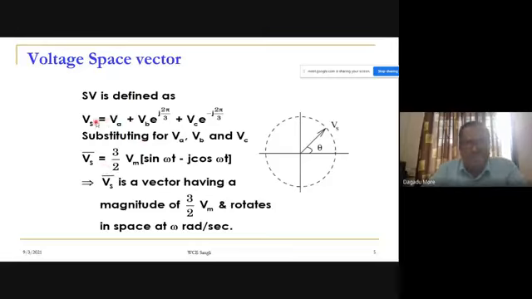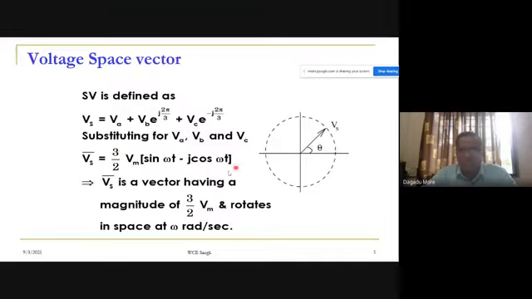Putting the values and simplifying, ultimately you will get Vs, that is the resultant voltage of the three phase voltages: 3 by 2 Vm times (sin omega t minus j cos omega t).